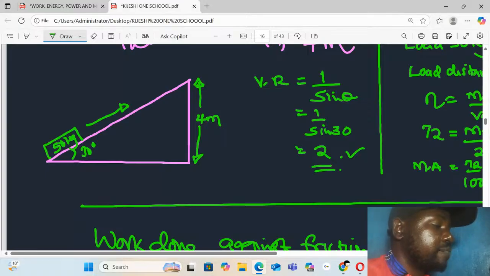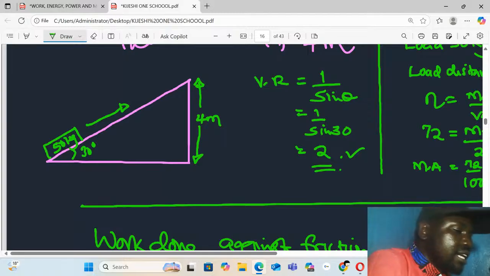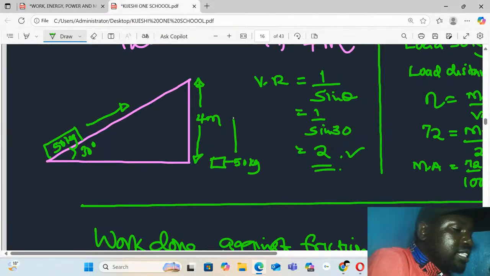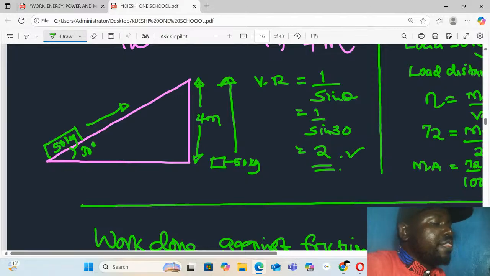Because naturally, we can just lift the body. If we assume the body was at the ground here, this is 50 kilograms, then you can just lift it directly like that. So the main focus of this inclined plane is just to place the mass of 50 kg through a distance of 4 meters from the ground.